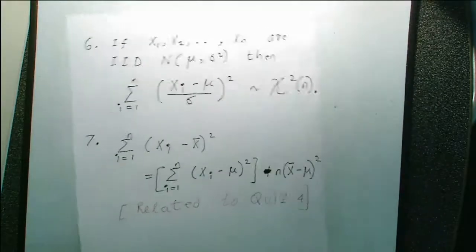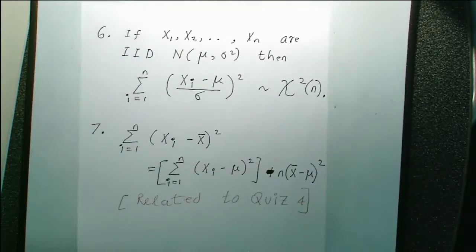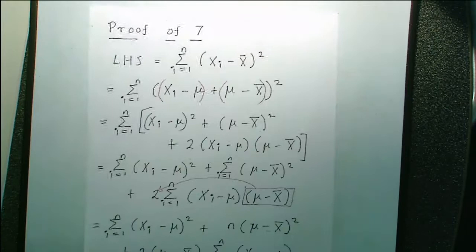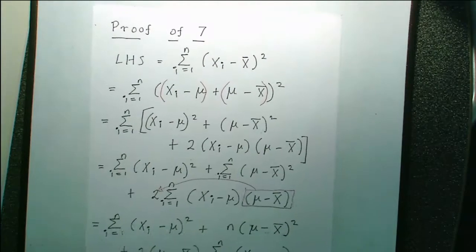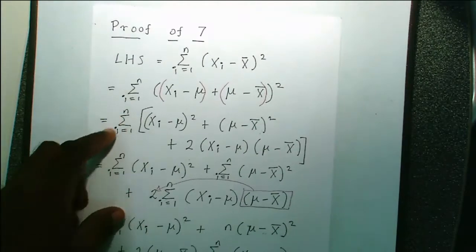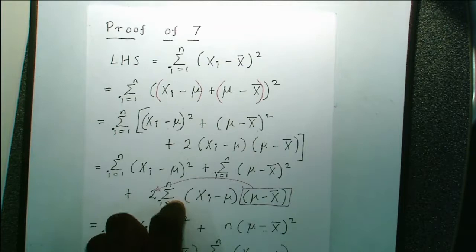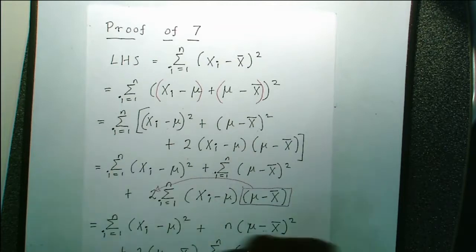Here are 2 more properties I talked about on Thursday last week. Then I proved one of the properties, namely property number 7. Quiz number 4, which is due next Monday, is similar to this, though a little bit more advanced. If you can understand this proof, you should be able to do quiz number 4.